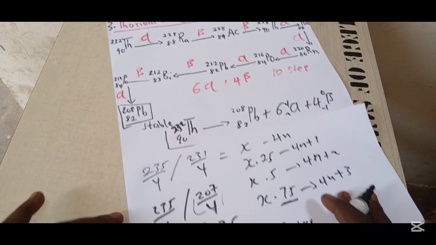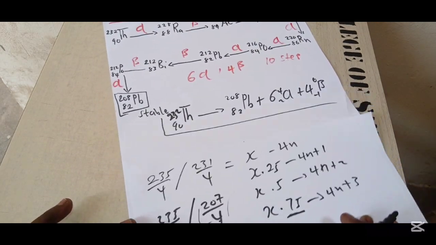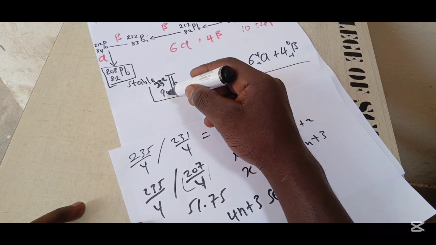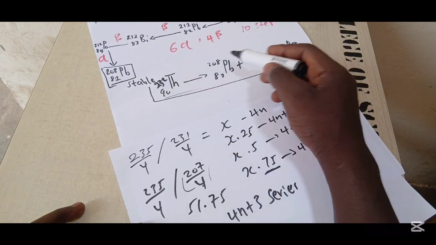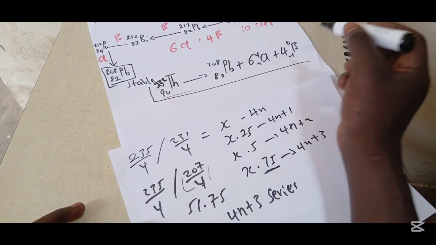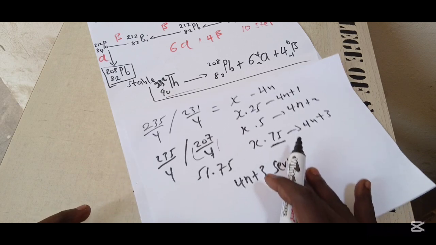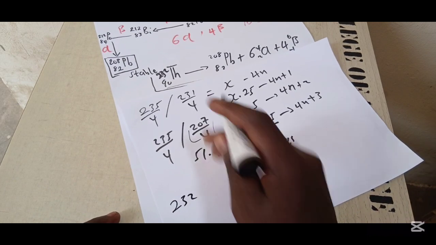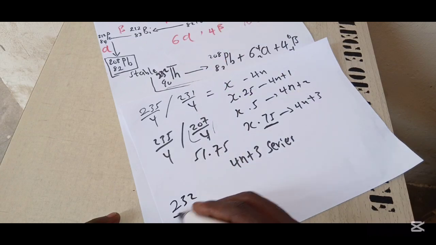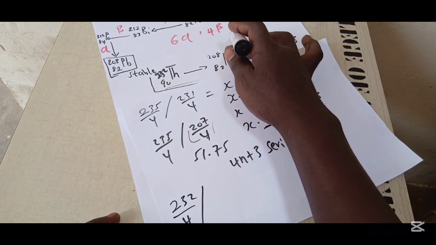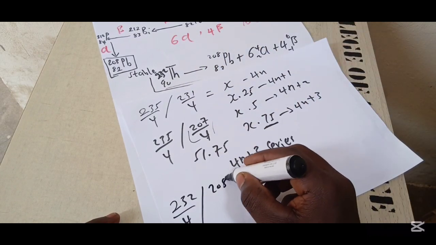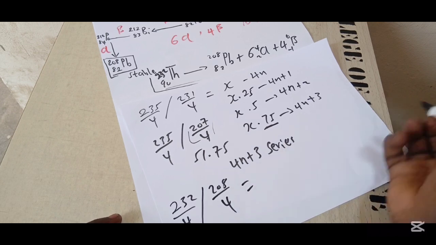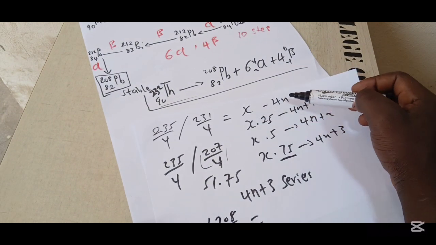You just take any of the masses, either in the product or the reactant, either 232 or 208, and divide it by 4. 232, which is the mass of thorium, over 4, or 208 over 4. If you get exactly a whole number, then it is a 4N series.